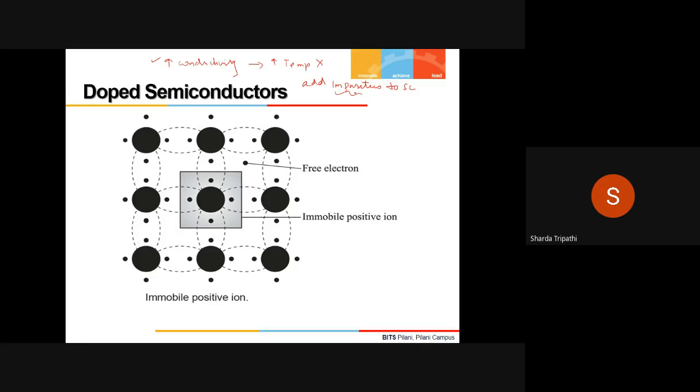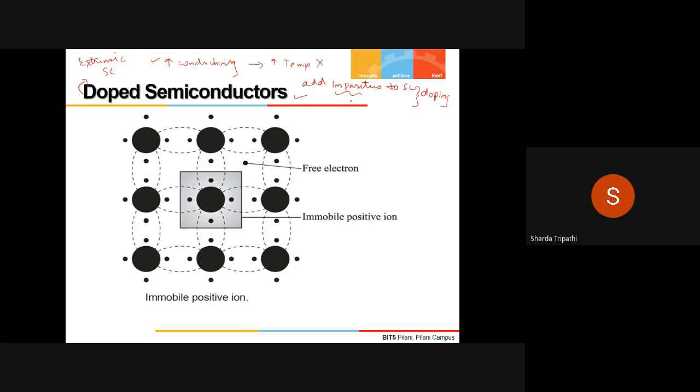So the first thing is, what are these impurities? Just now we said that by the addition of impurities, I'm going to increase the conductivity of the semiconductor material. This process is known as doping. And the resultant semiconductor which is formed is known as a doped semiconductor. A doped semiconductor is also sometimes called an extrinsic semiconductor.